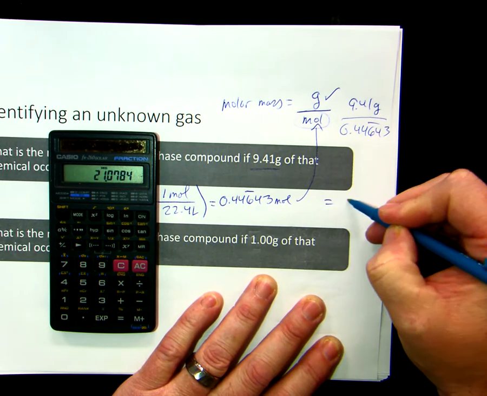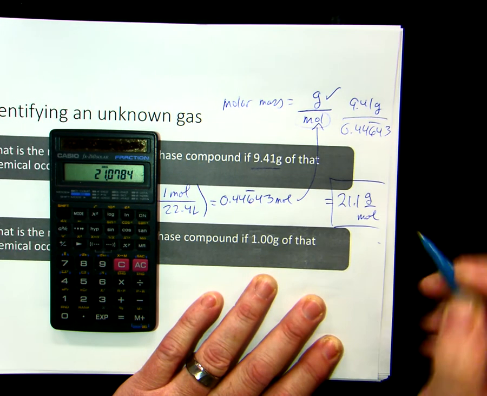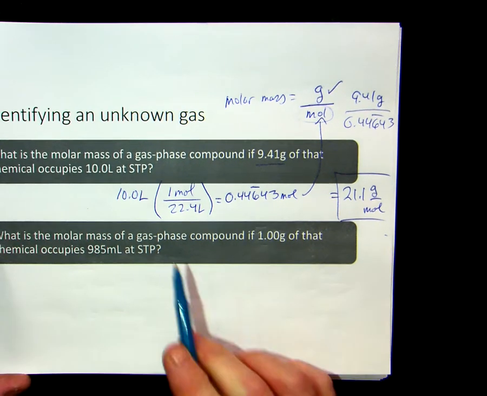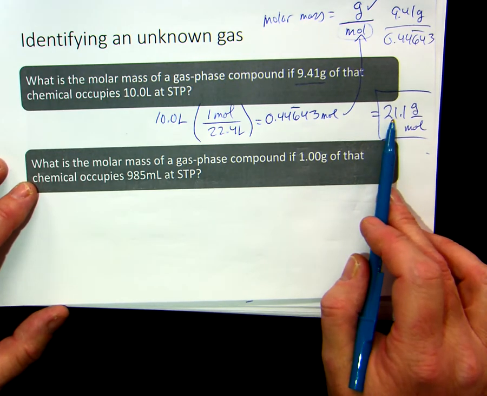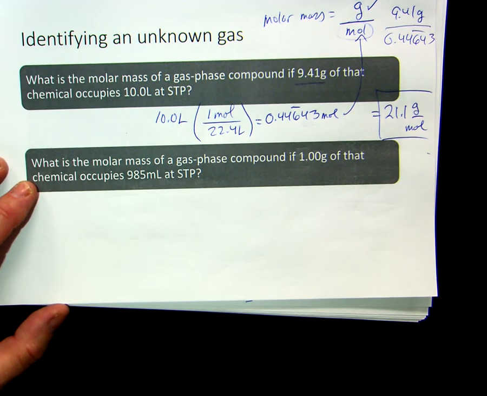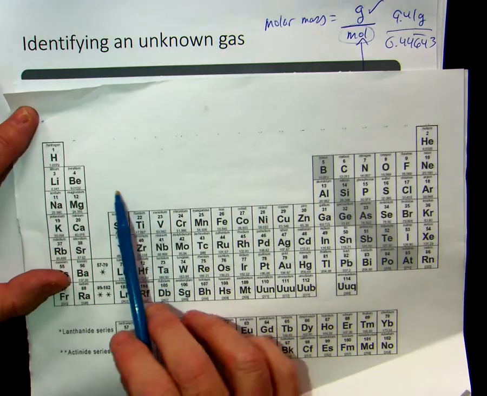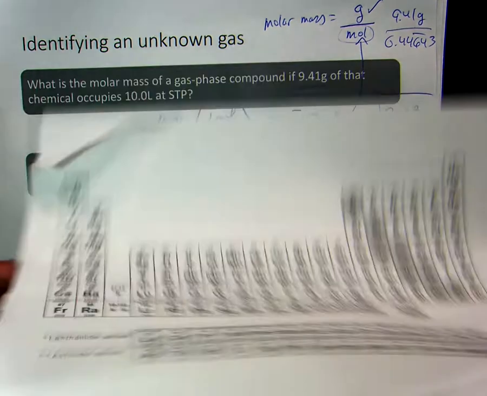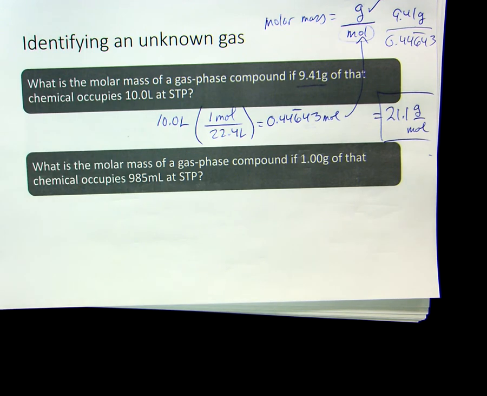I get that will equal 21.1 grams per mole. So again, by this work, these scientists were able to identify the matter as having a molar mass of 21.1 grams per mole. So if you have an idea as to what elements could be there, or even if you have to take a wild guess, there's only so many combinations of elements that could have that mass. So it helps them identify what substance they're looking at.